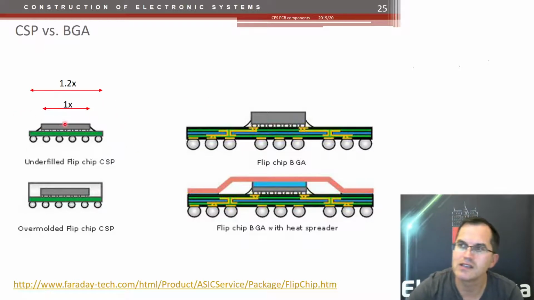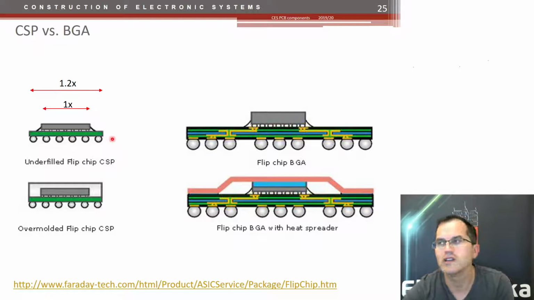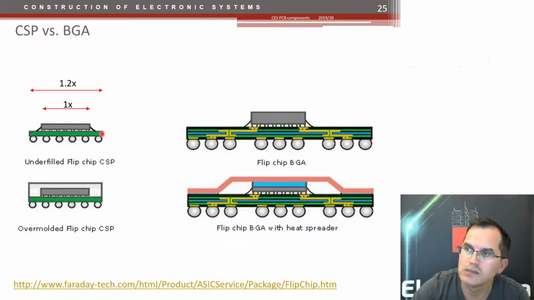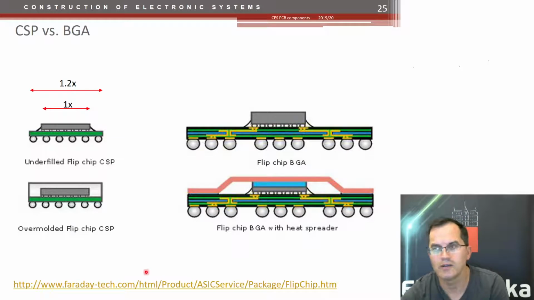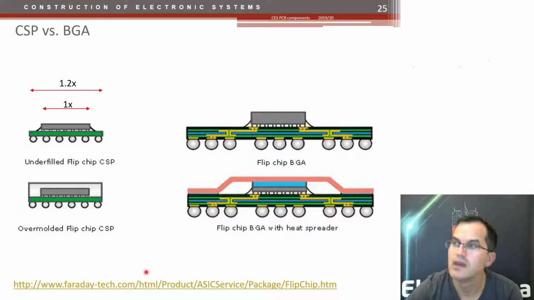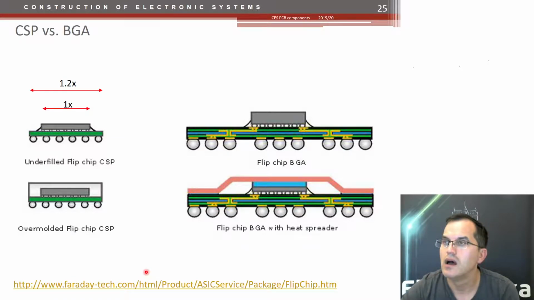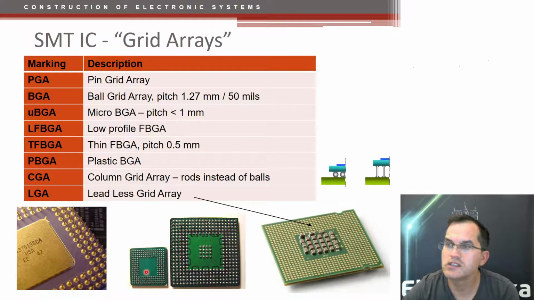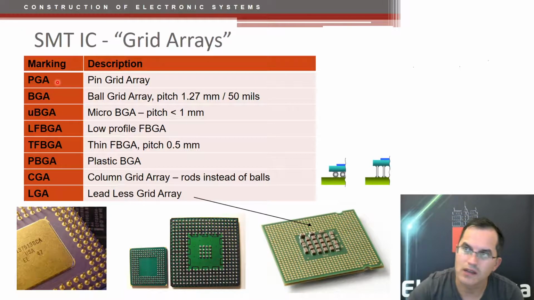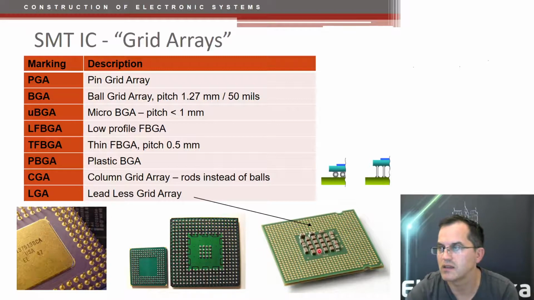In both cases, in BGA or chip scale package, you actually have a small, very thin PCB as a holder that holds the silicon die, and on the bottom side you have solder balls. These grid arrays also have different names, as I showed here, and again they come in a lot of different forms.